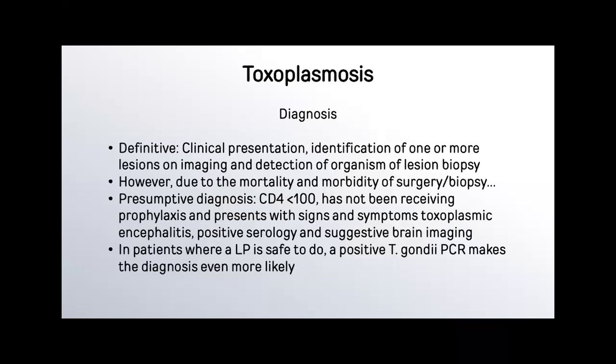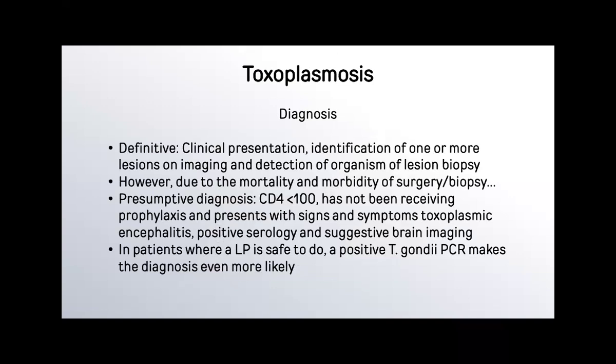In diagnosing toxoplasmosis, the definitive diagnosis is by clinical presentation, identifying one or more of those lesions on imaging, and then biopsying the lesion and picking up the organism on biopsy.